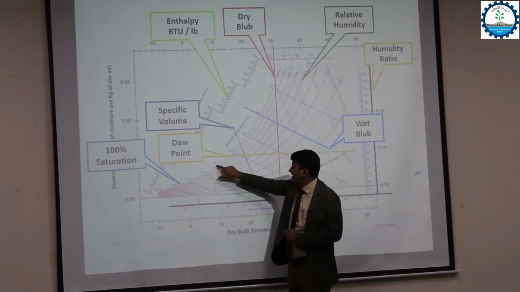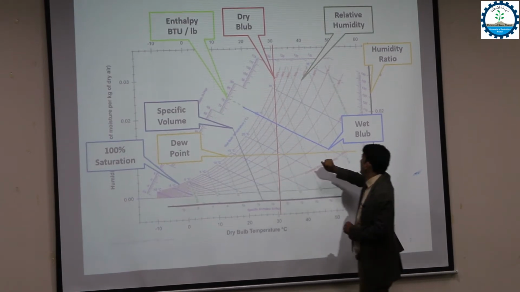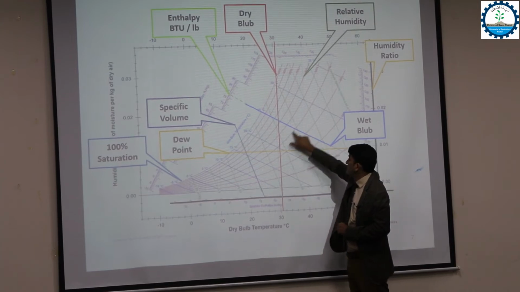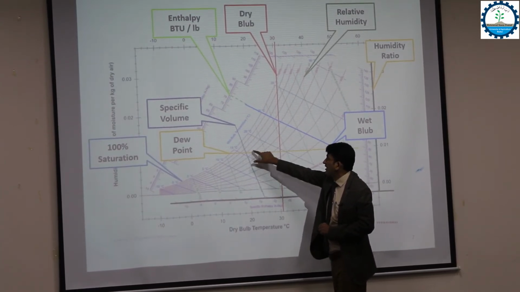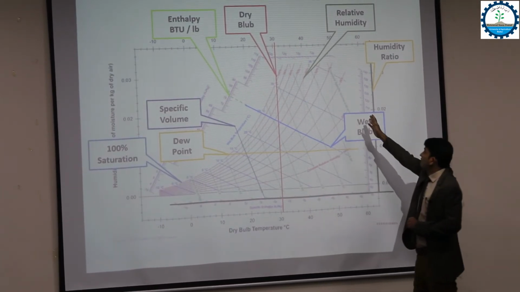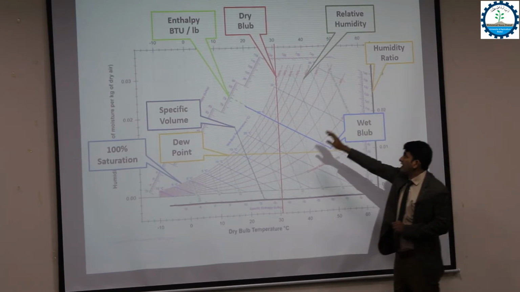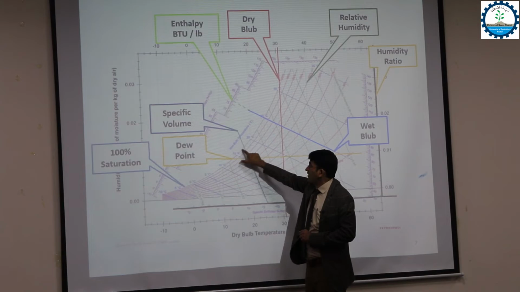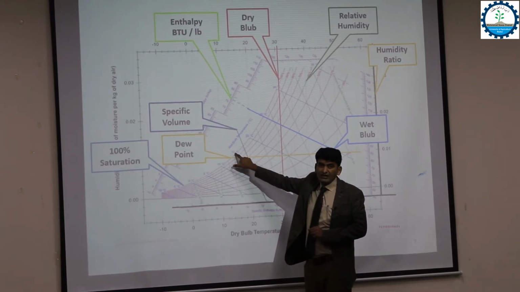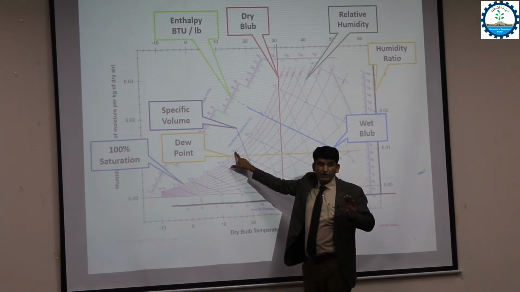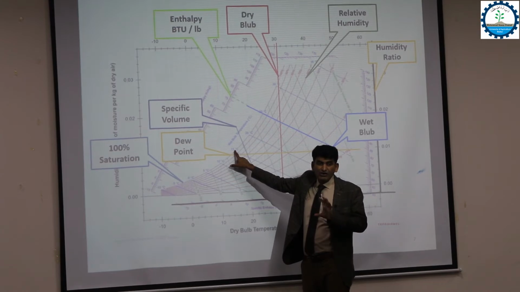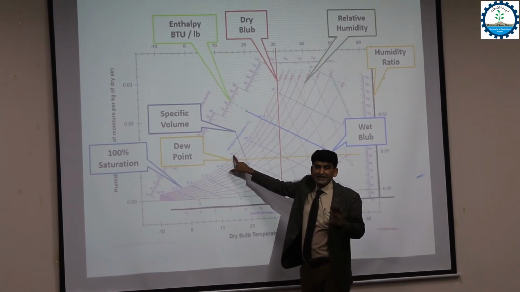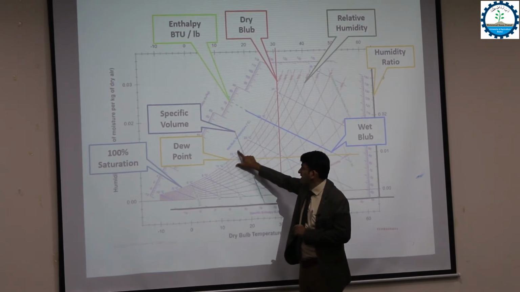Here the humidity is 100% relative humidity. You can see the relative humidity curves. These are curvy lines, all relative humidity, starting from 30, 40 and up to the 100% relative humidity line. You can see here the limit of the air: it is full. No addition of moisture can be sustained in the air at 100% relative humidity.